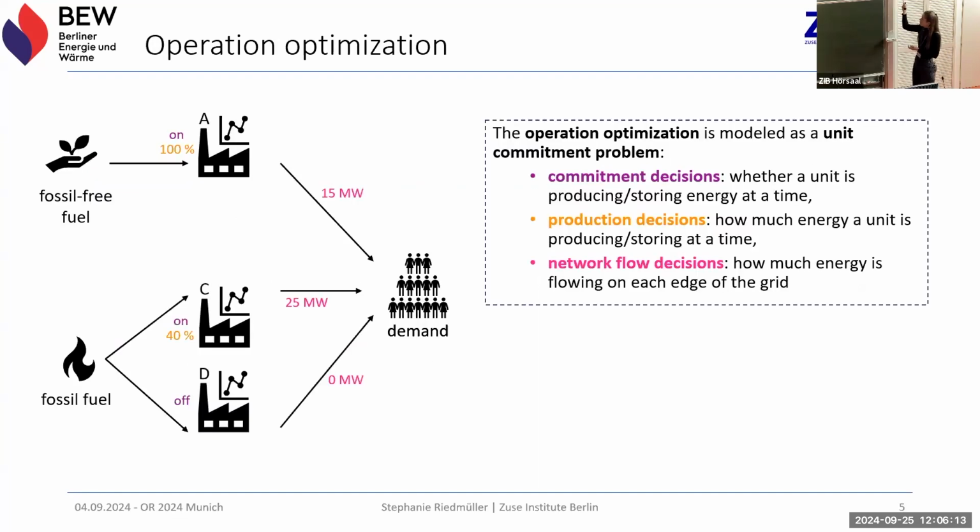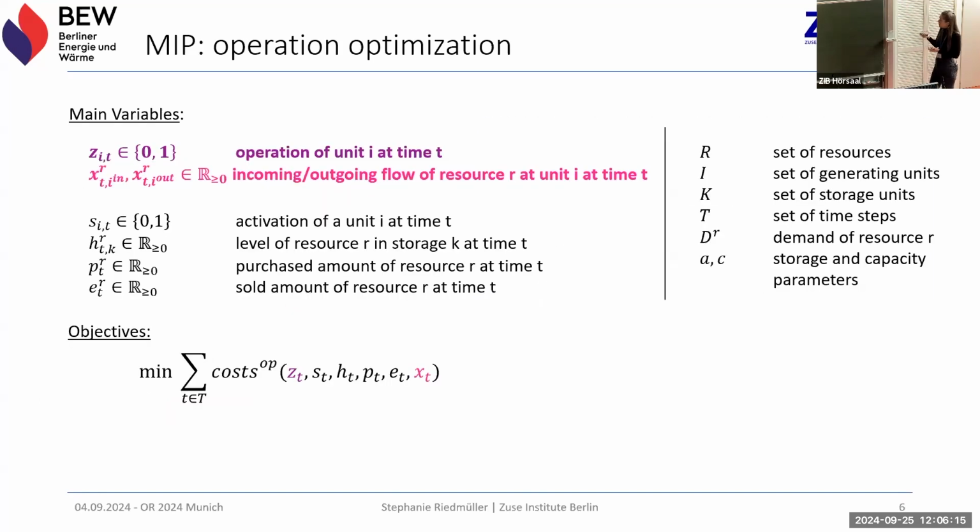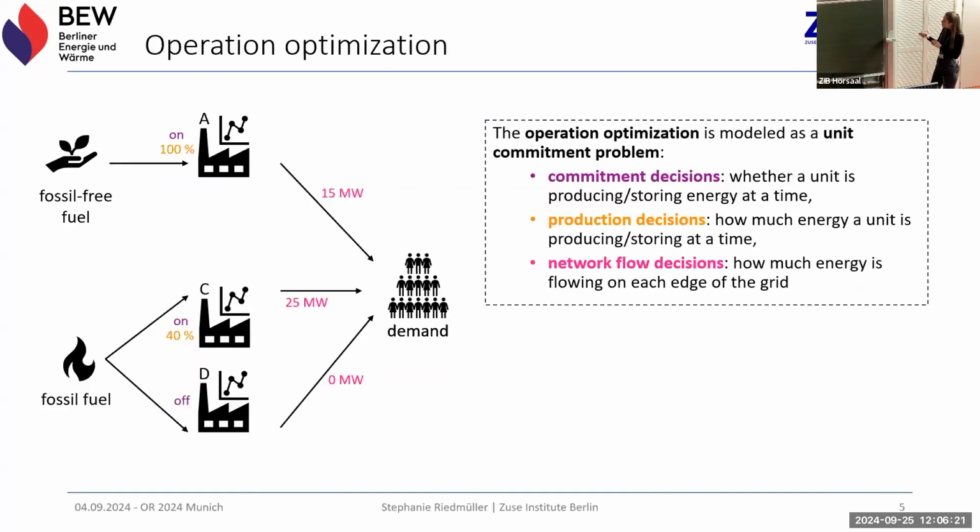This is the commitment decision. And the second is the incoming and outgoing flow of units. This could be interpreted as the flow decision, but at the same time as a production decision, because if you know how much heat is flowing out of a node, you know how much of the capacity is produced by this plant.